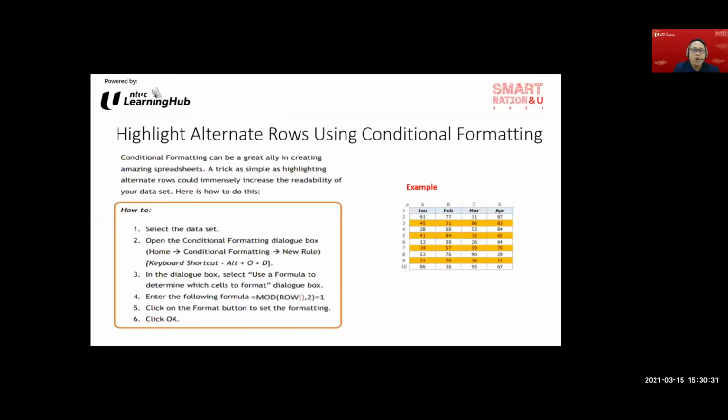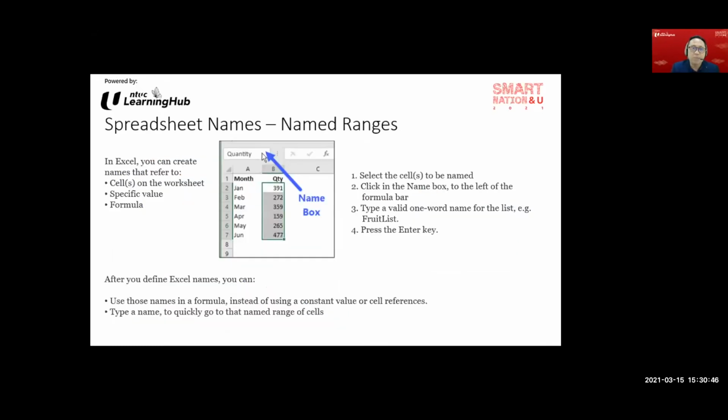Okay, so what we've done is to highlight alternate rows using conditional formatting. The other aspect, because sometimes you have a lot of data, is that in here you are using spreadsheet names instead of selecting the range.